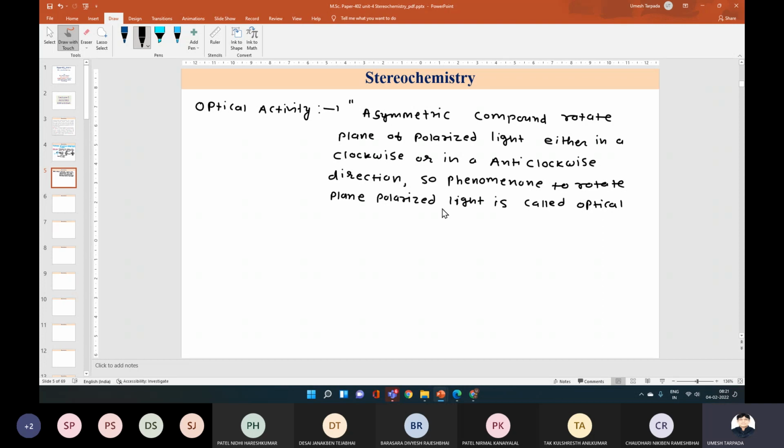It is called optical rotation. A compound which rotates the plane polarized light is called optically active, an optically active compound.